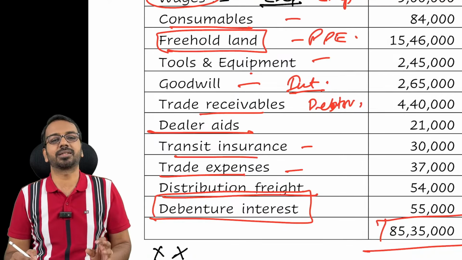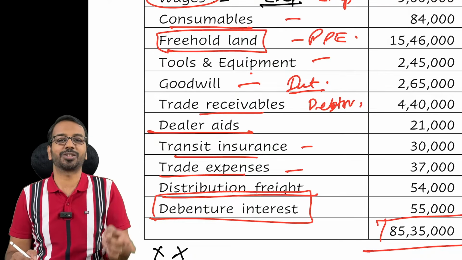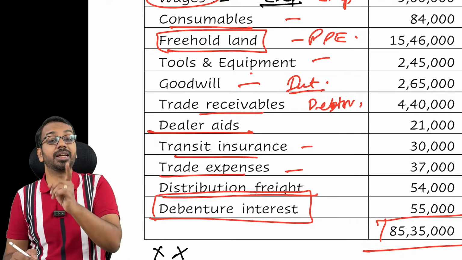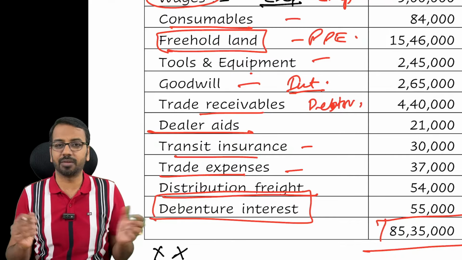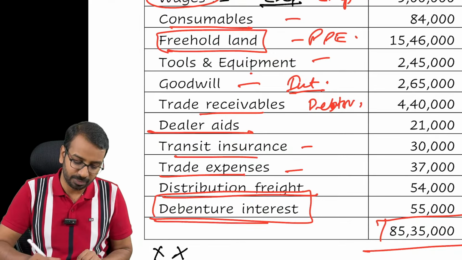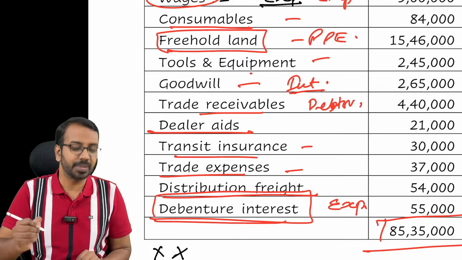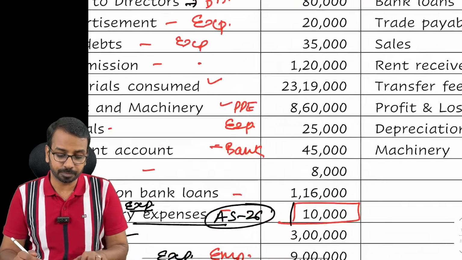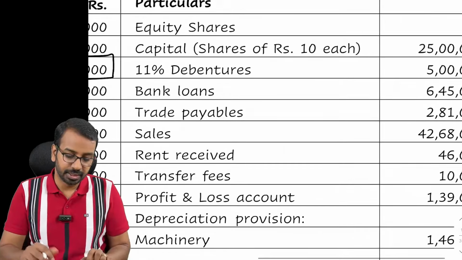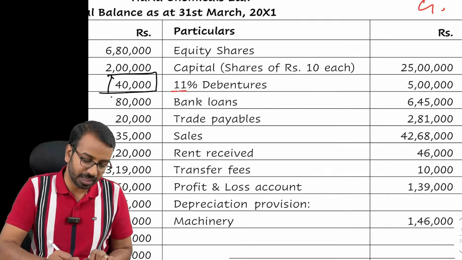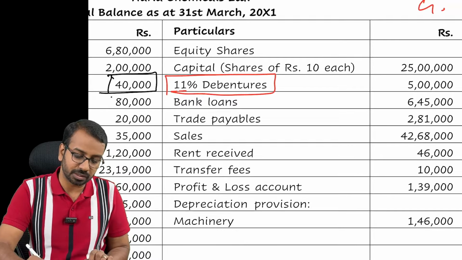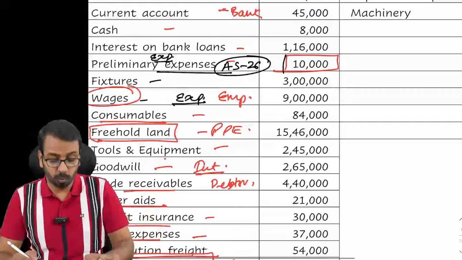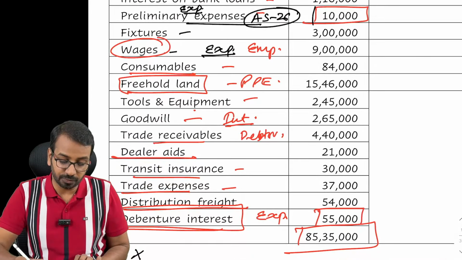Debenture interest. Now, whenever you get this term, debenture interest, or interest on loan, please check if there is a hidden adjustment. Sir, what is the meaning of this hidden adjustment? Debenture interest is my expense. Correct? Now, here I have 11% debentures, 5 lakhs. What is my debenture interest? 55,000.